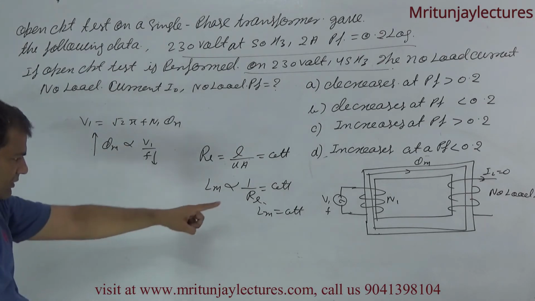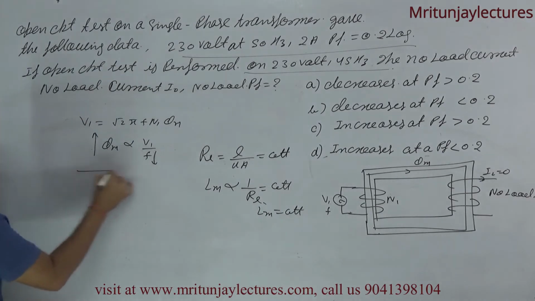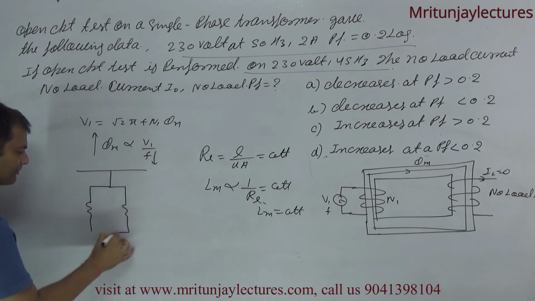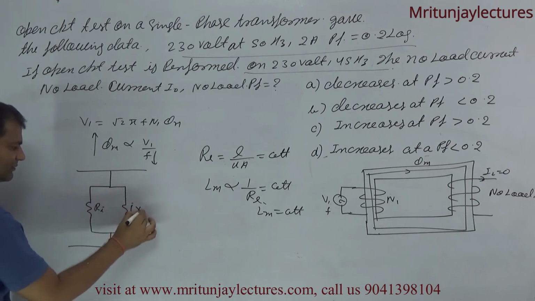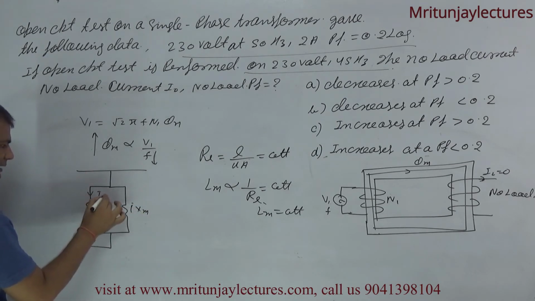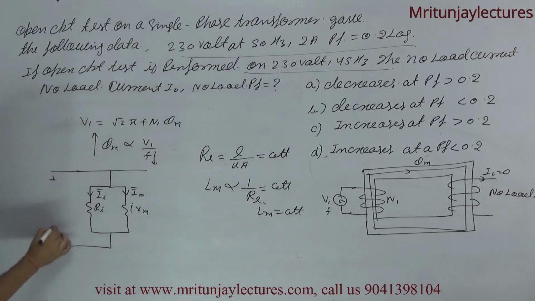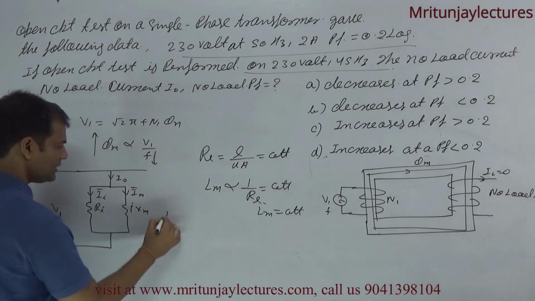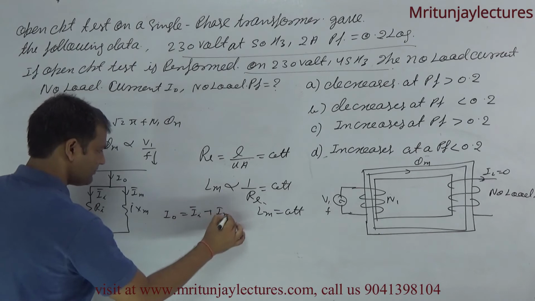Now here, if you make the circuit at no load, that is Ri, that is jXm, Ii, and that is Im. Apply voltage V1, no load current I0. I0 is equal to Ii plus Im.